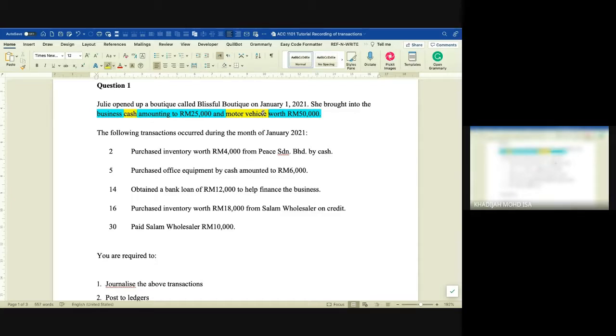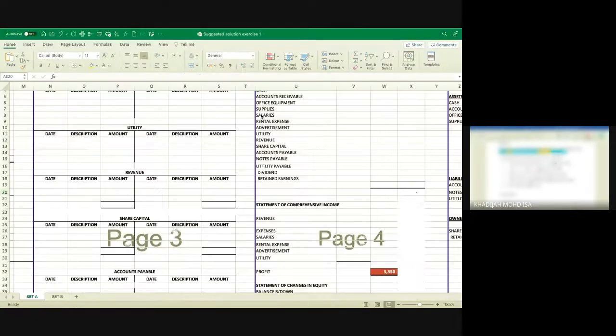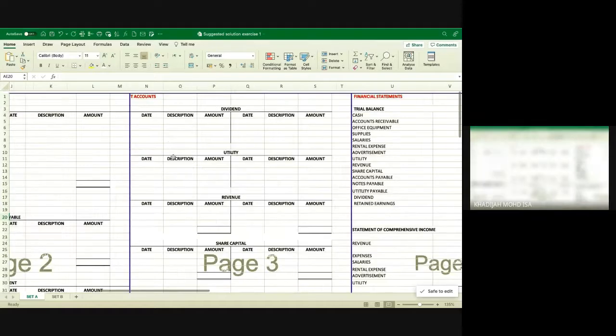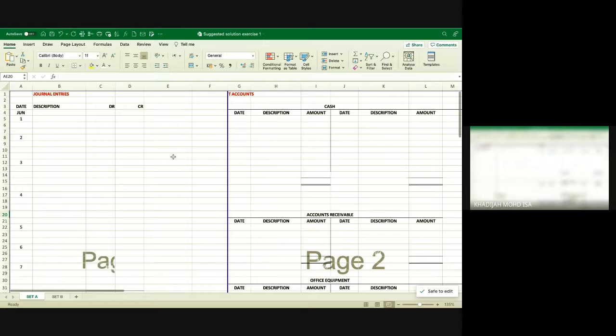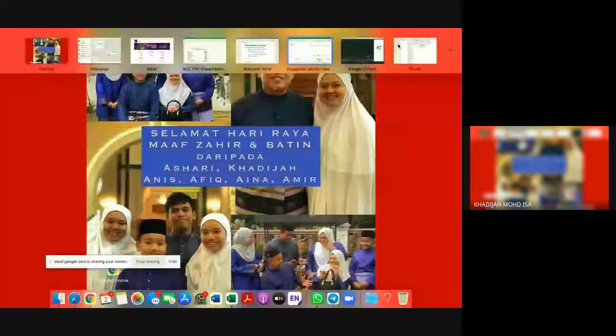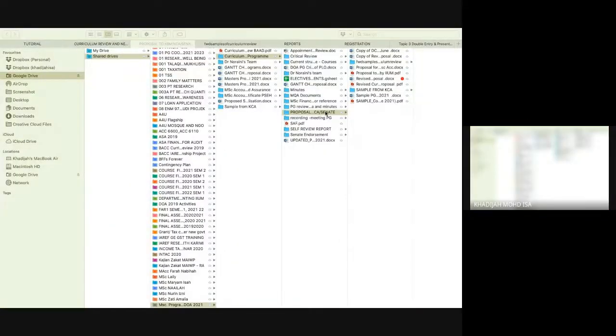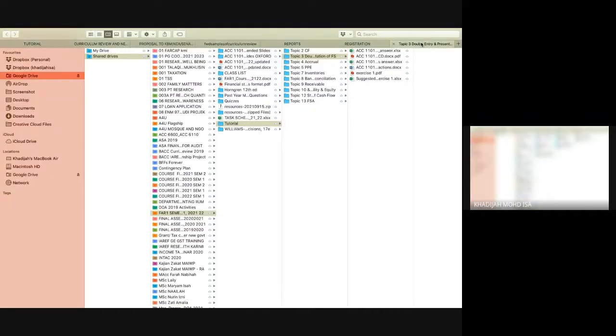So in that case, do I have it already or not? Which one is this? These are the accounts. Is this the one? I don't think so. This is exercise 1. Hold on, I try to open up. Where is it? Where is it? Double entry. Please work for me. Answer, is this the one?